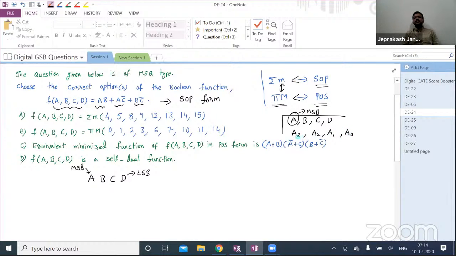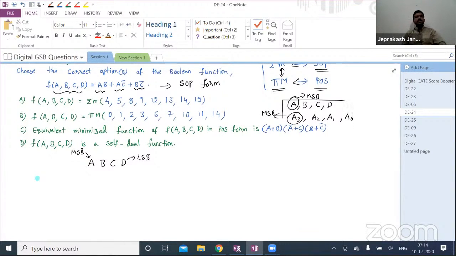In that case the higher order number is 3, so A3 will be the MSB. This is the standard notation. If they specify f of DCBA, then D will be the MSB. Whichever order they specify, we consider strictly that order. If they don't specify, this is the convention you can follow.